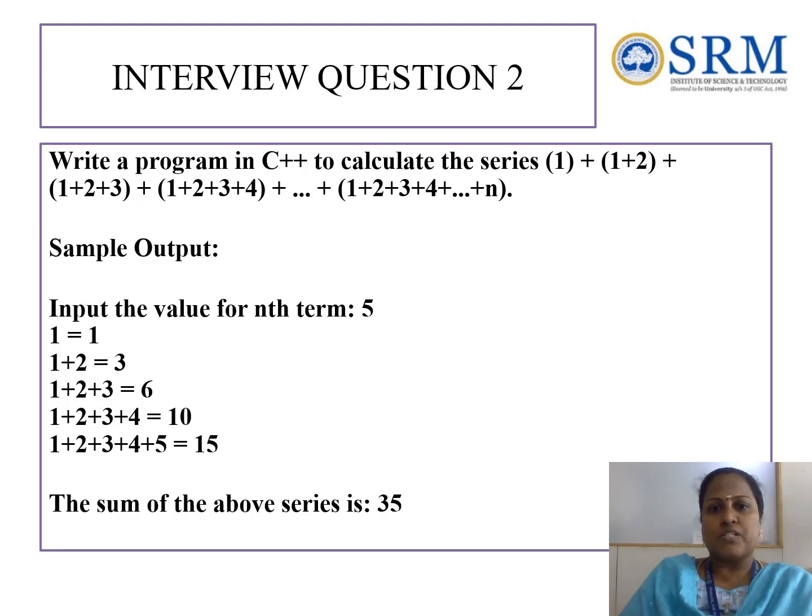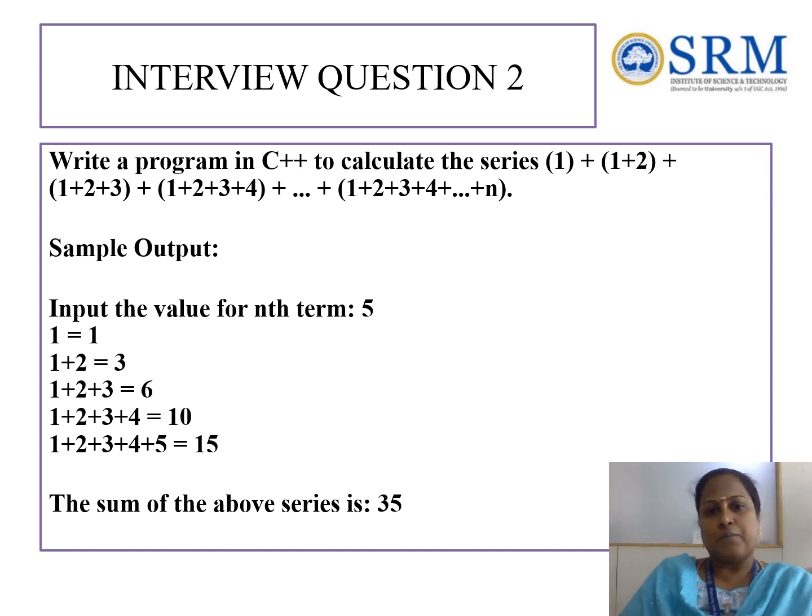Similarly, interview question 2 is: write a program in C++ to calculate the series 1 plus 1 plus 2 plus 1 plus 2 plus 3 plus 1 plus 2 plus 3 plus 4 up to the nth term. This is another scenario given. Then again, as usual, calculate for the n value. In the first term you will get 1. Then consider the next terms: 1 plus 2.